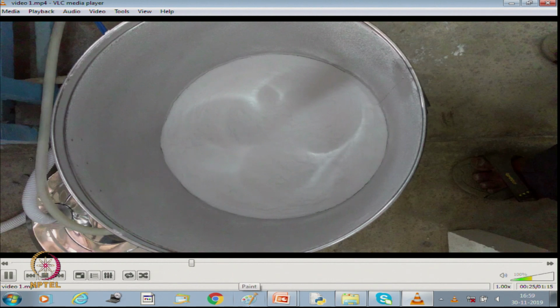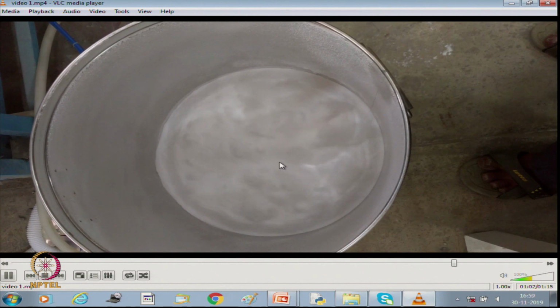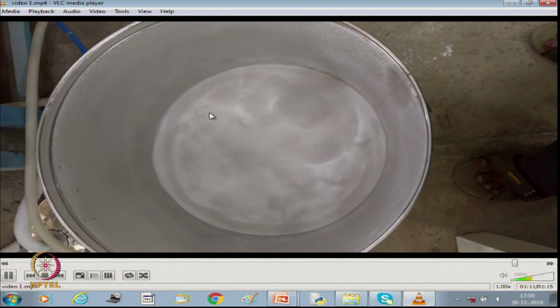Gradually this bed will become fluidized and the powder will start escaping from that. This is just like it is boiling.